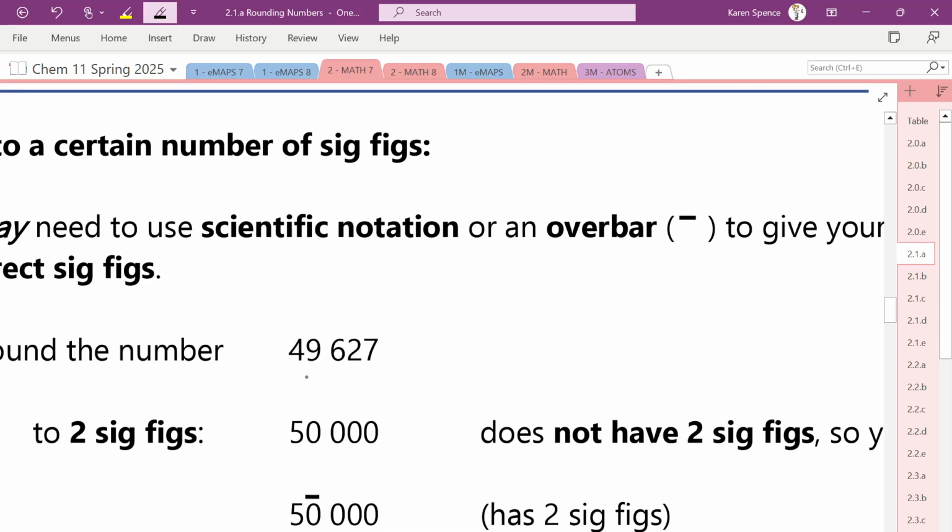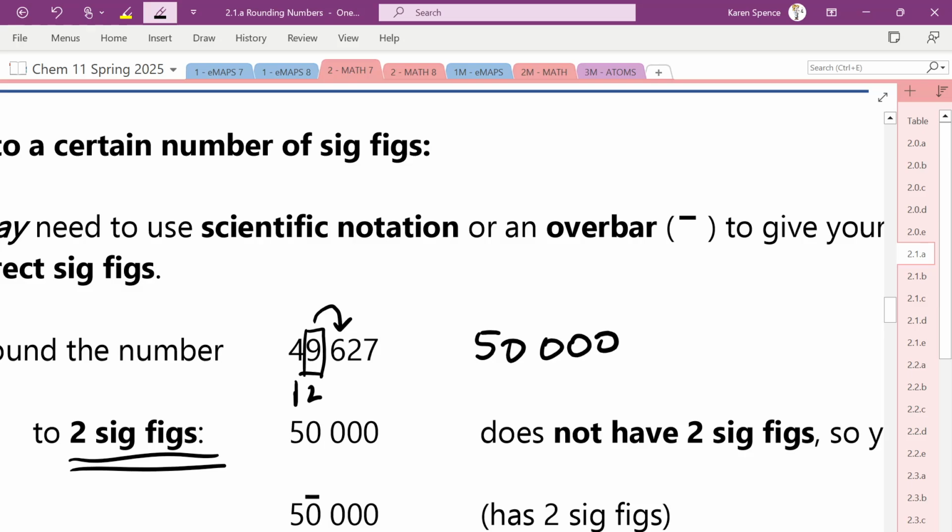If we wanted to round this number to 2 sig figs, this is kind of like what you were asking, Delcine. And this is where it might be different from things you've seen in math. So this is the example you should pay attention to. To 2 sig figs, that would be 1, 2. We're going to look to the right. That's going to round up. That's going to give us 50,000.